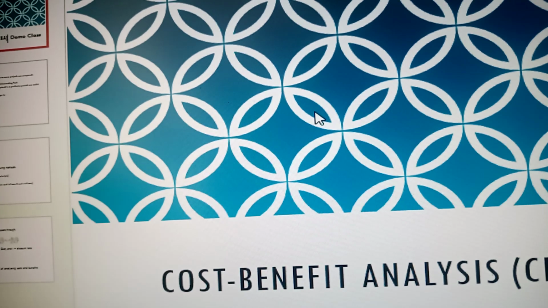Some examples of quantitative decisions often made by management as a managerial decision tool include the break-even analysis, differential analysis, and cost-benefit analysis. Today, we will be delving into the cost-benefit analysis and how it helps management to make decisions.